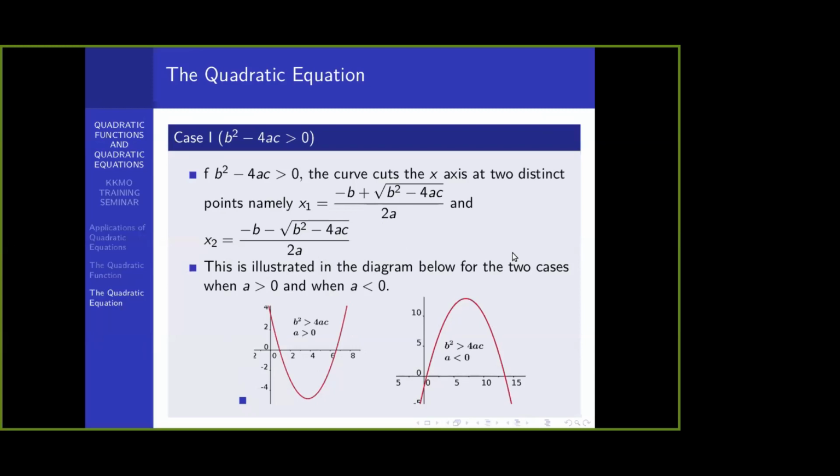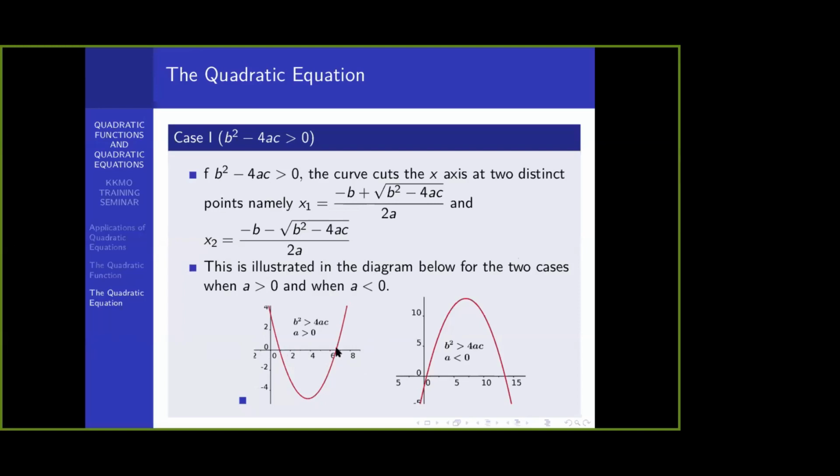So this is useful when you're trying to solve inequalities. For instance, if you want to consider values for which the curve is greater than 0, then you'd consider points that are less than these points towards this end.